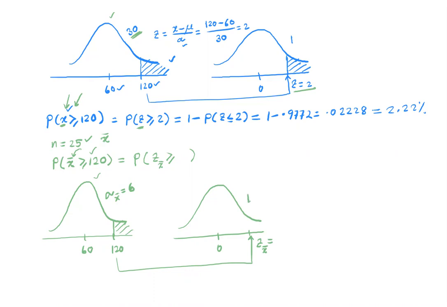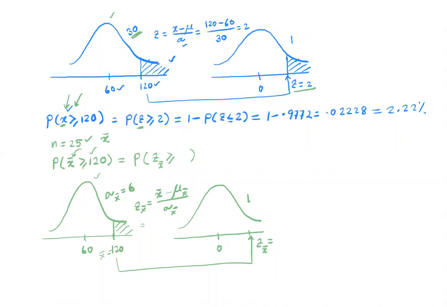Now, look, how do you go there? Z sub X bar is equal to X bar minus mu sub X bar over sigma sub X bar. All right. X bar is the point in question, which is 120.